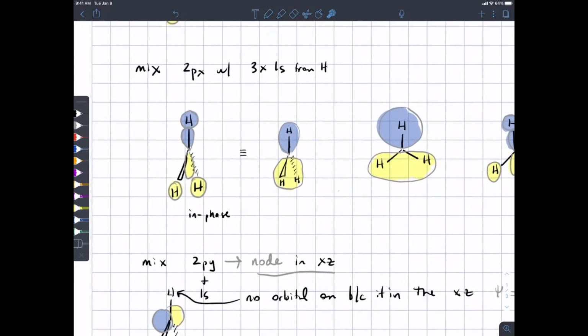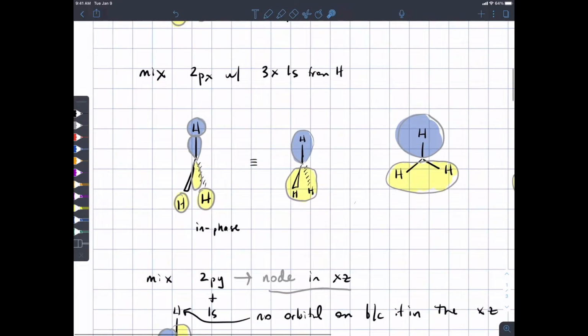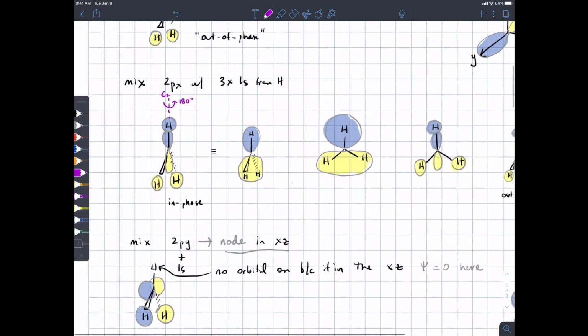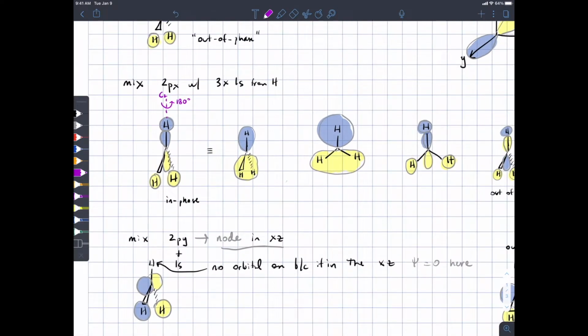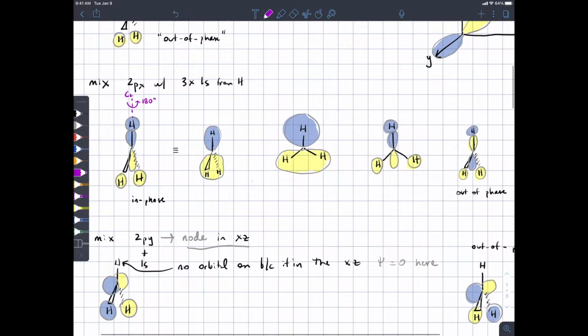The symmetry element that we are symmetric with respect to is this axis, which is a C2 axis. 180 degrees, rotate that, and we exchange the position of the hydrogen in the front with the hydrogen in the back, and we see exactly the same wave function sign. This orbital out here, the out-of-phase combination, obeys that as well.